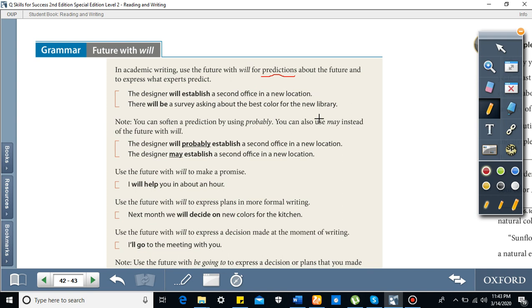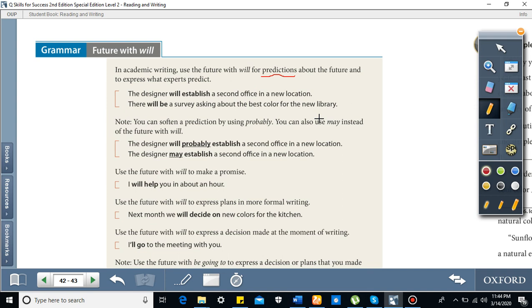What does prediction mean? Prediction is when you talk about something that may or may not be true, but you think that it can happen after an hour or tomorrow, and things like this.